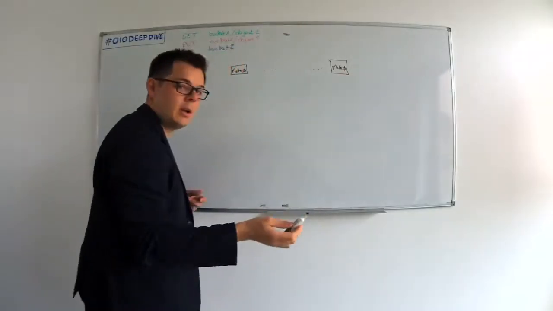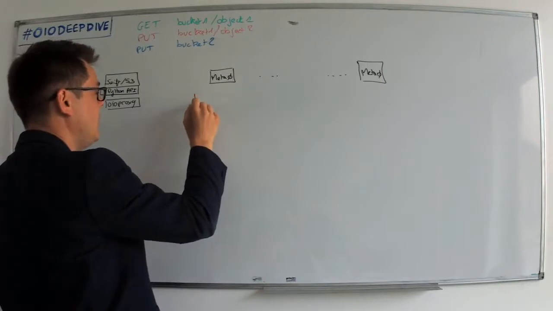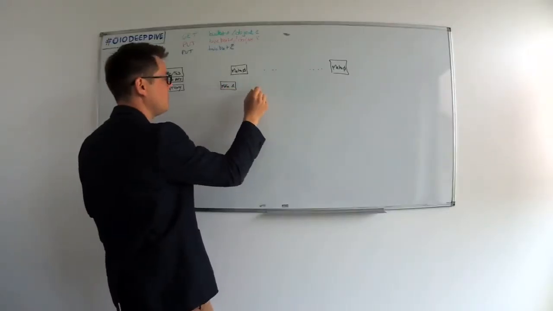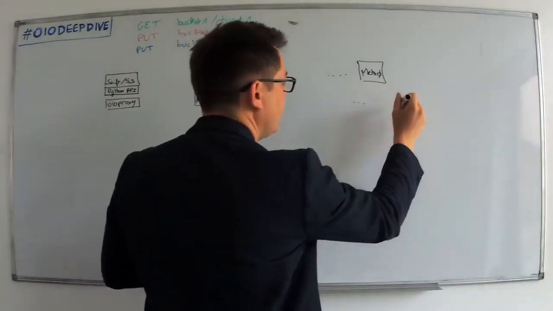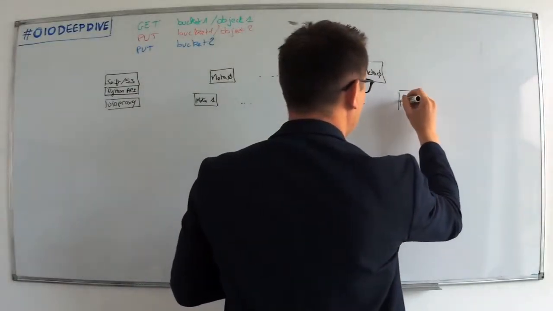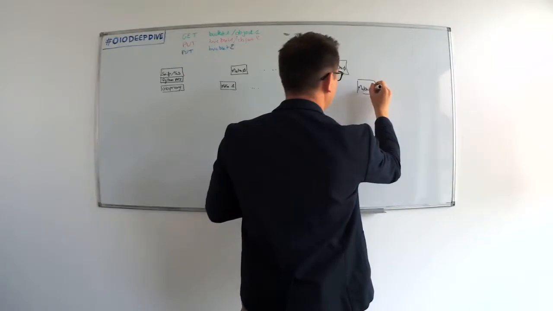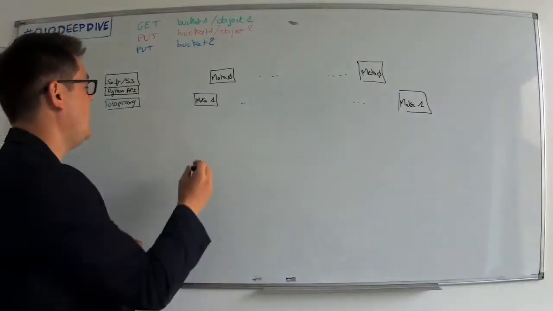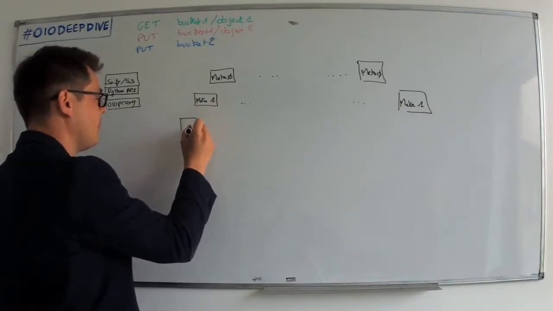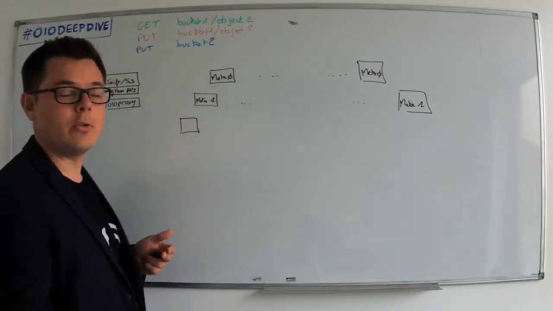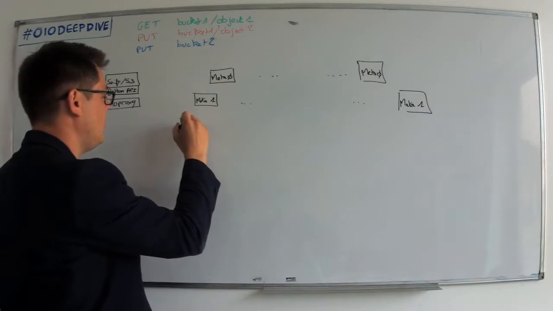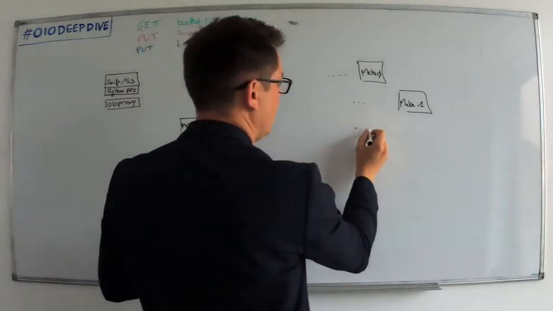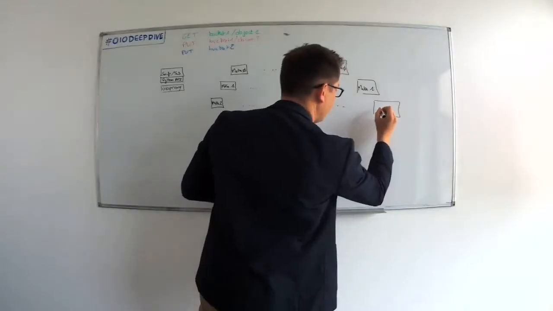Then the second level of indirection is the meta1, and we have a couple of them. The number of services here really depends on the size of your infrastructure. And then, obviously, the third level of indirection is the meta2, and we have a couple of them.